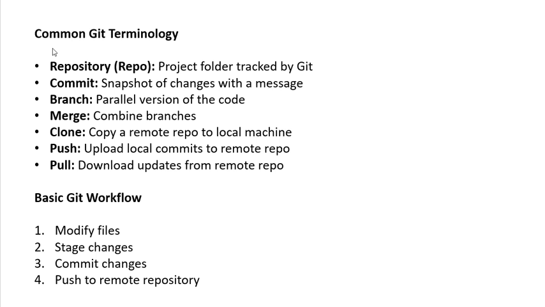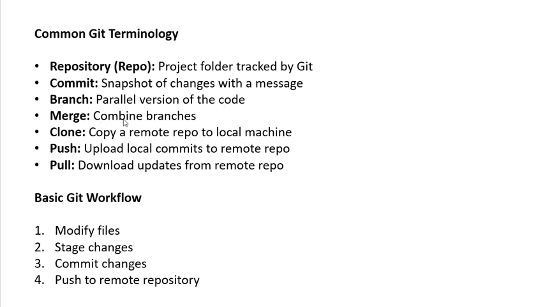Let's check the common Git terminologies. A repository, called a repo, is the project folder tracked by Git. A commit is a snapshot of the change with a message. Branches are parallel versions of the code.